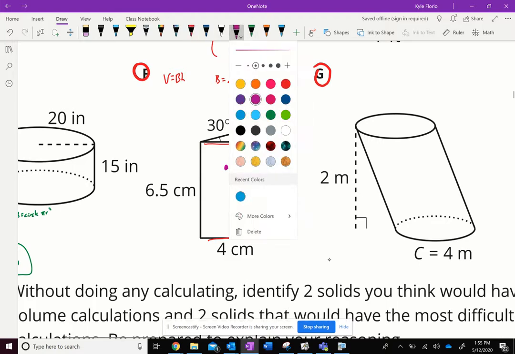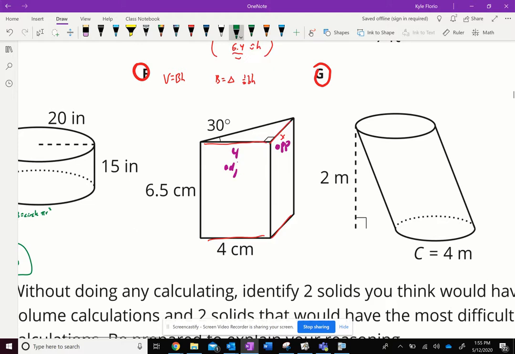So SOHCAHTOA. So tangent 30 equals the ratio of the opposite and the adjacent legs. To solve this for x, just multiply both sides by 4.